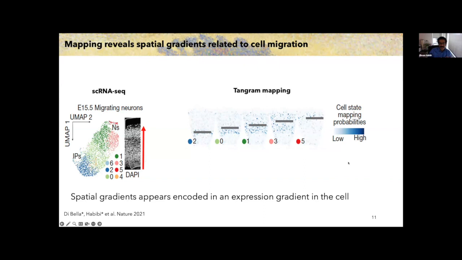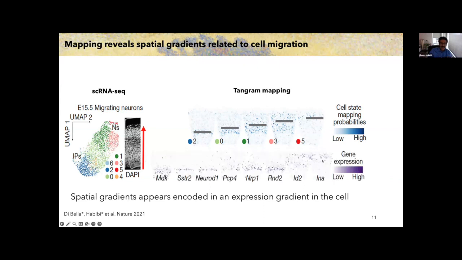So now we can associate these states with differential gene expression, and we show some genes that exhibit differential expression both in the single cell data and in the Slide-seq data, and are sequentially expressed during migration of these neurons, indicating that a spatial gradient appears encoded in an expression gradient in these cells.